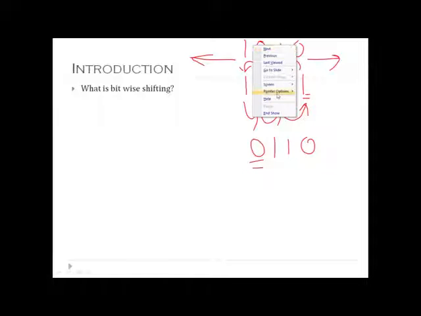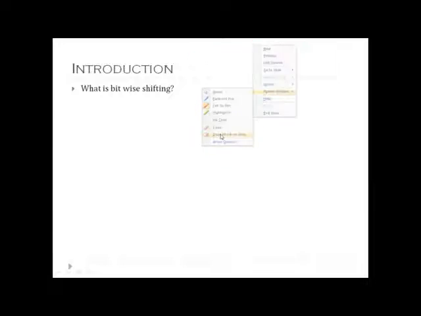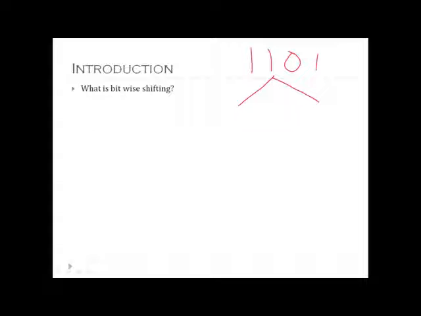Now if you have grasped the basic idea of shifting, let's look at shifting in much more detail. You might have studied the shift operation in your digital electronics course in a lower semester, but let's look at it in detail. There are two types of shift operation.